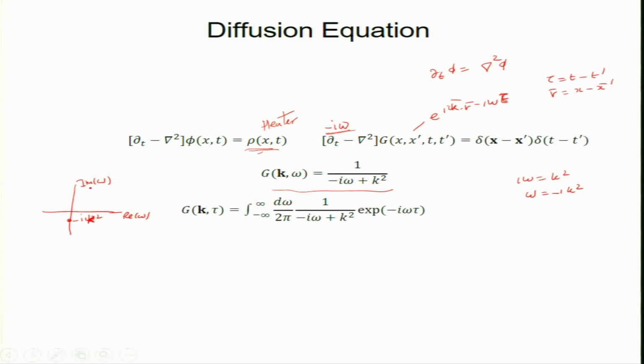For this integral, which side should I close the semicircle? Positive, upper or lower? Let us assume tau to be positive. So, tau positive, Jordan lemma, lower, you should put lower.